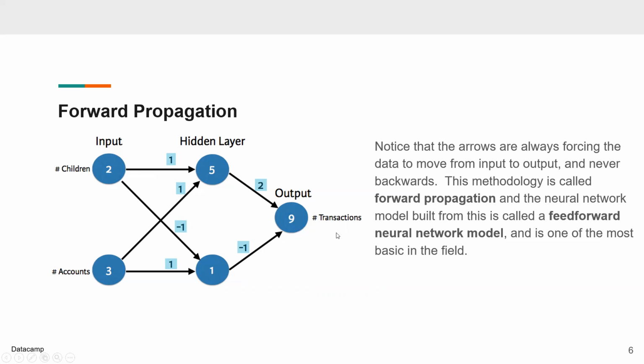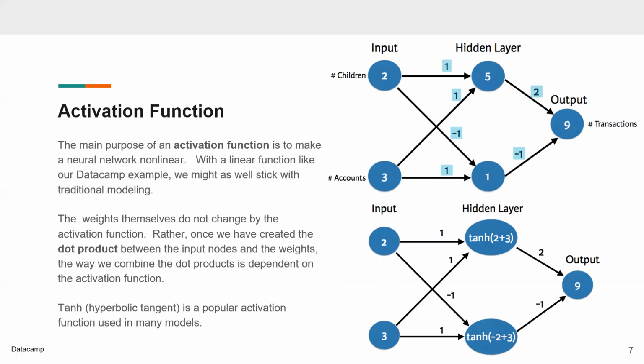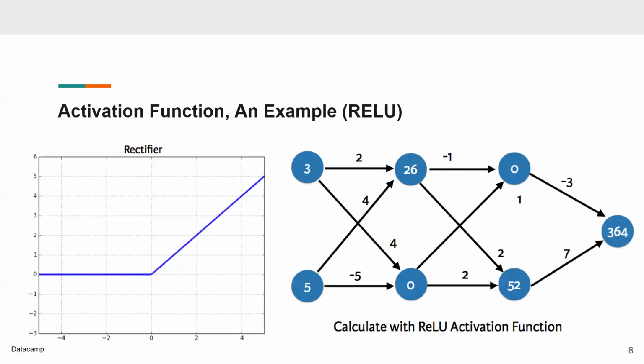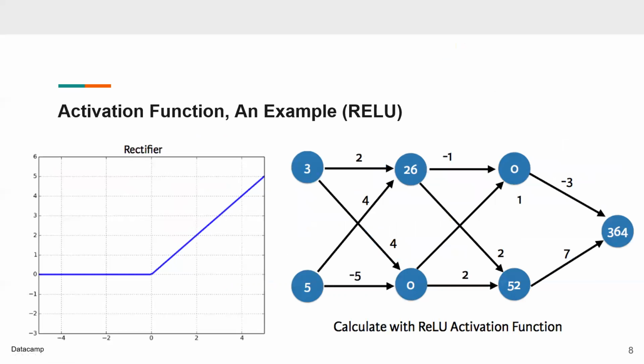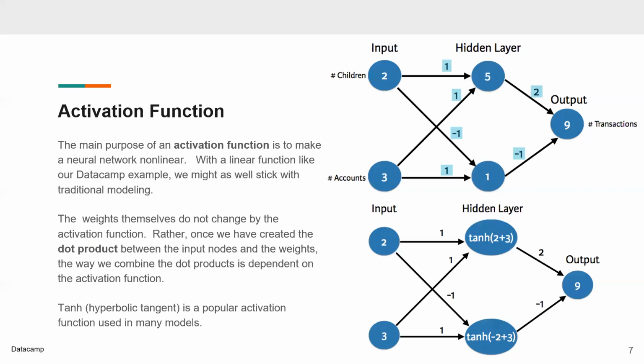So that's one way to think about how you can adjust the weight, in the hope that the number of transactions for this type of input would be close to the actual label. That brings us to the next step, which is called backward propagation. But before we go there, how to adjust that weight, let's talk about the activation function first.